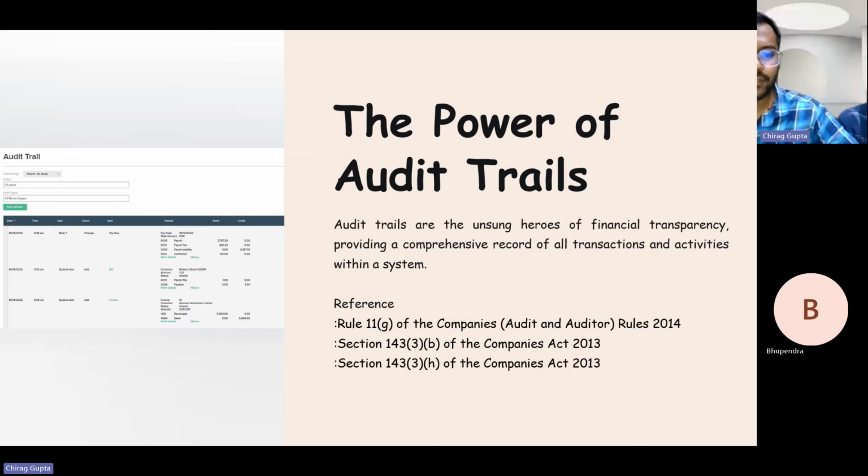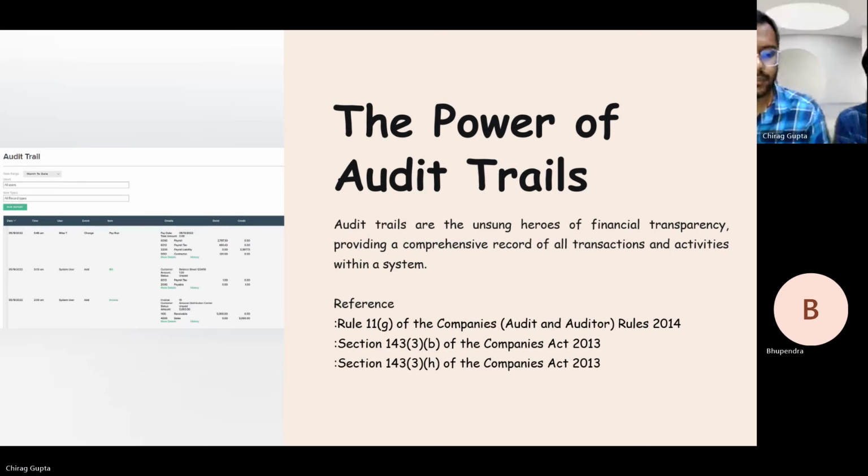With reference to these three provisions, Rule 11G, Section 143(3)(b) and Section 143(3)(h) of the Companies Act, auditors are required to report under these three provisions of company law.